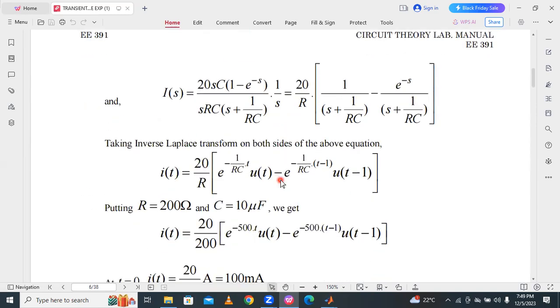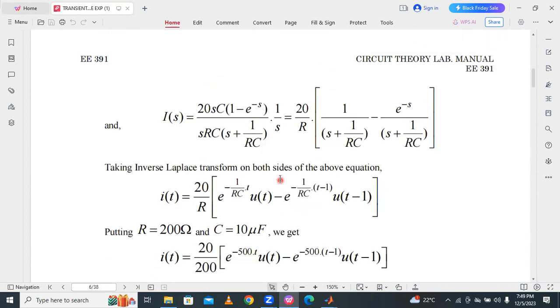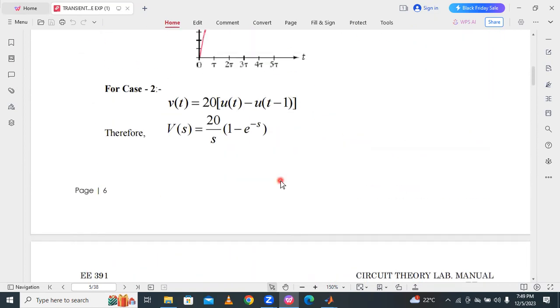The pulse width is 5 milliseconds, so instead of 1 we use 0.05 as the step time.